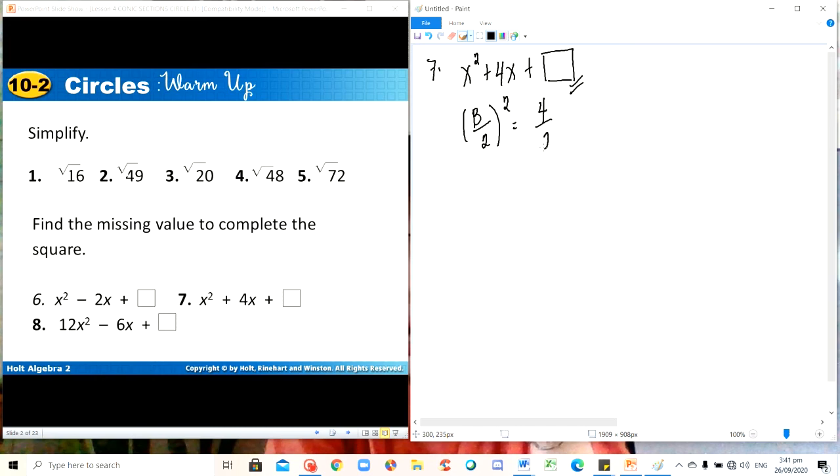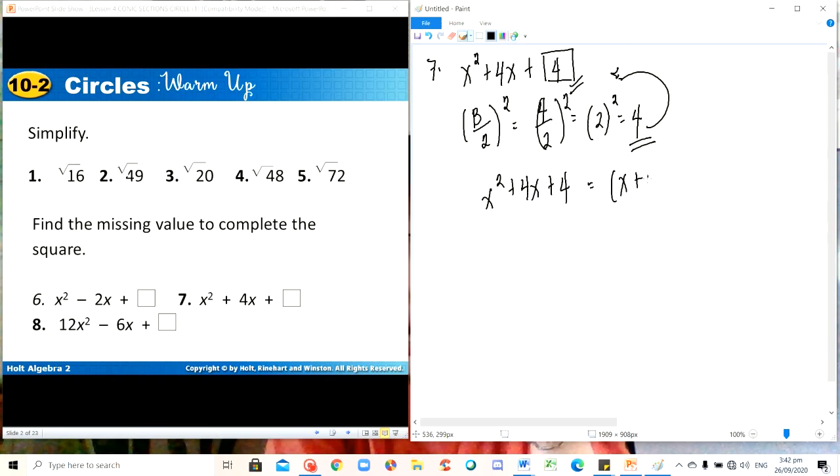It's 4 over 2, squared. 4 over 2 is 2, squared is 4. So this must be added to the given, and you now have a perfect square. You have completed the square already. How do you write this in factored form?